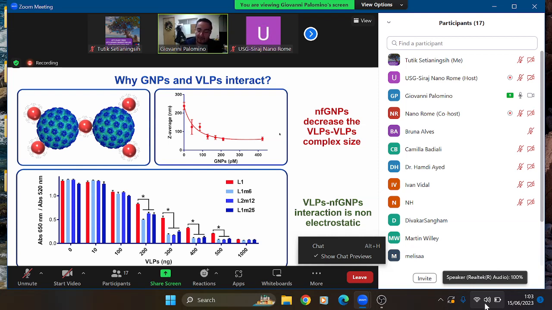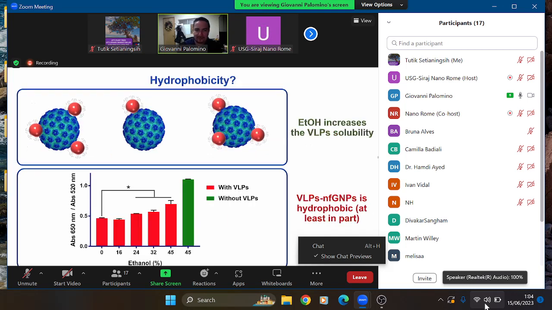And the three mutants inhibit the gold nanoparticles' aggregation better than the wild-type VLPs. Therefore, although we cannot rule out the participation of electrostatic charges, there are other stabilizing forces in the gold nanoparticle-VLP interaction. So the interaction is not only electrostatic.